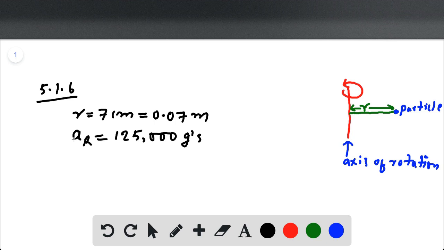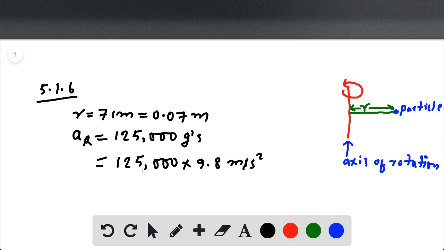Okay, so first thing here, let's convert A, which is in terms of G, to meter per second squared. To do that, I'm going to have to multiply this value, 125,000, by the value of G, which is 9.8 meters per second squared.